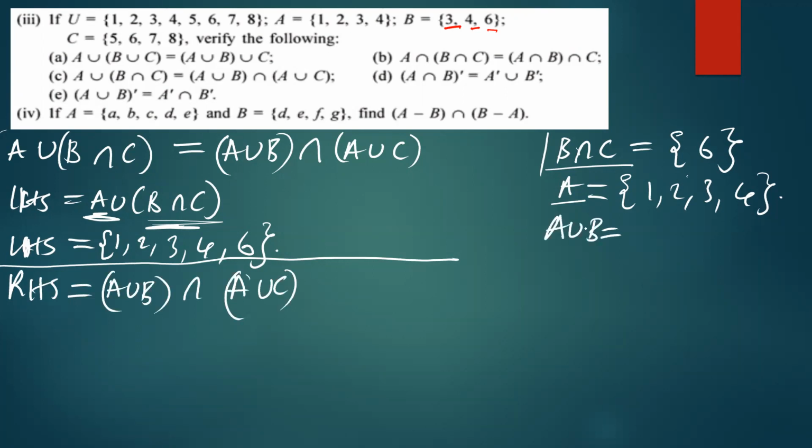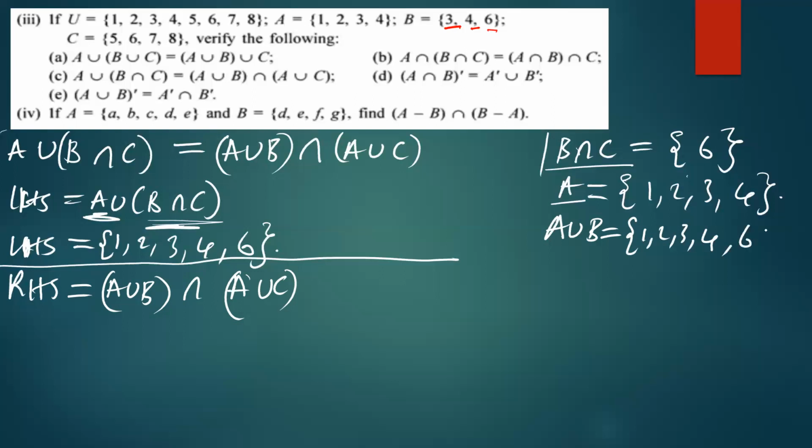A union B simply means we combine sets A and B, we put them together. In set A, we have 1, 2, 3, 4, and in set B, we have 3, 4, 6.